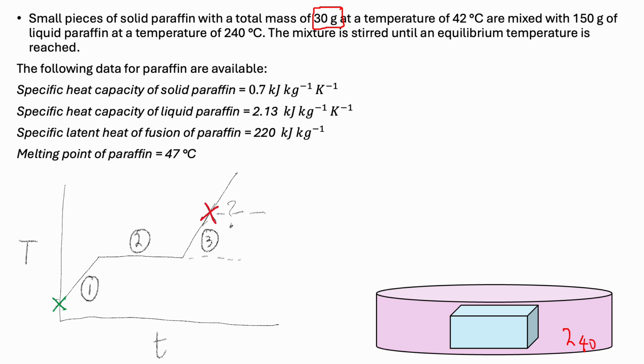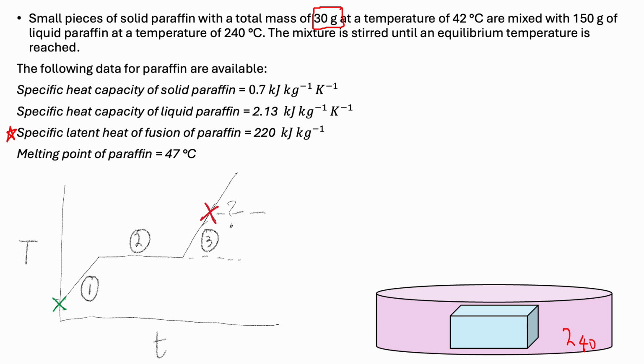Phase two, it's going to change the phase of the paraffin, so it's going to turn from a solid into a liquid. And then any other energy it has left, it's going to use to heat up the paraffin, most likely somewhere above 47 degrees.